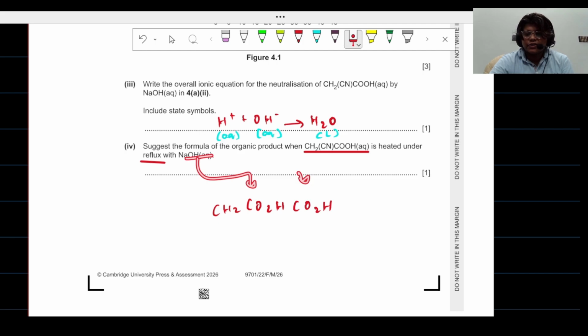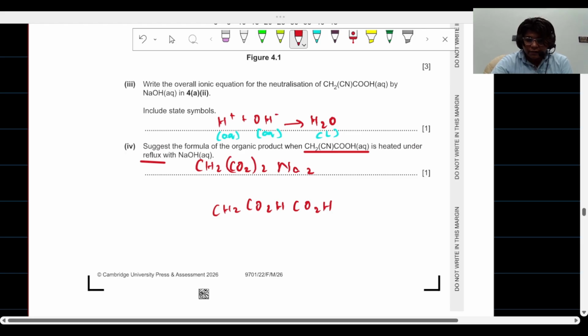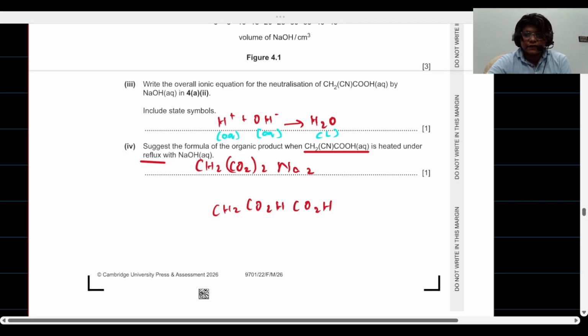So instead of having CO2H, you will have CO2Na, right? So this would be CH2, CO2Na and CO2Na. You can write it as CH2(CO2)2 and Na2. So this would be the organic product that you will have, and this would be the answer to this.